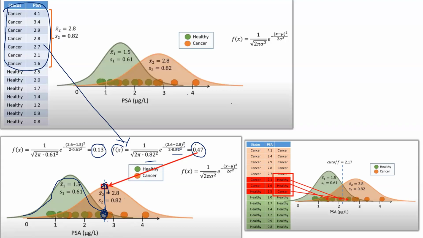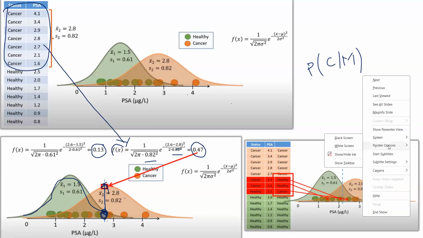The probability would be on a range, which is the area under the curve. But as it is one point, you got this as the probability of the point. No, this is the reverse probability, right?